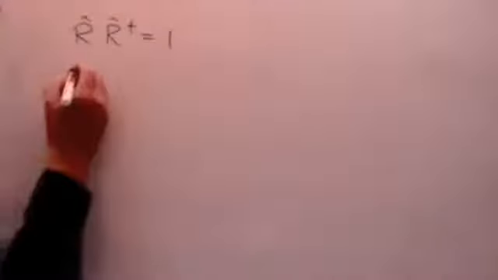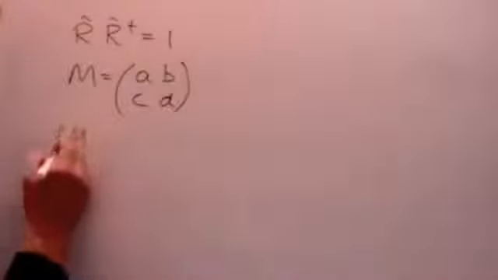Now we've said that R, the rotation operator, is a unitary matrix, which means that R dagger R equals 1. There is a thing called a special unitary matrix, and the special unitary matrix has a determinant of 1. I'll explain what I mean.